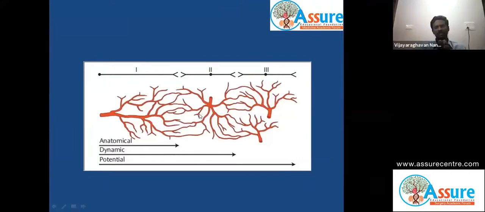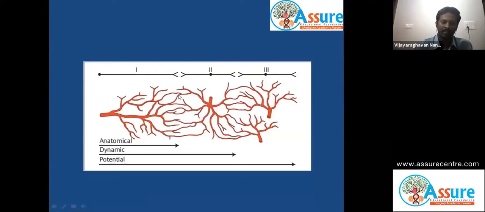Parts which get perfused through a fluorescent dye injection are called the dynamic territory. So what is the implication of this? When you are raising a flap based on this, you can go up to this dynamic territory. What is the potential territory? This is the communication with the next angiosome. So how to include that? That is a separate topic per se. I will come to this later.